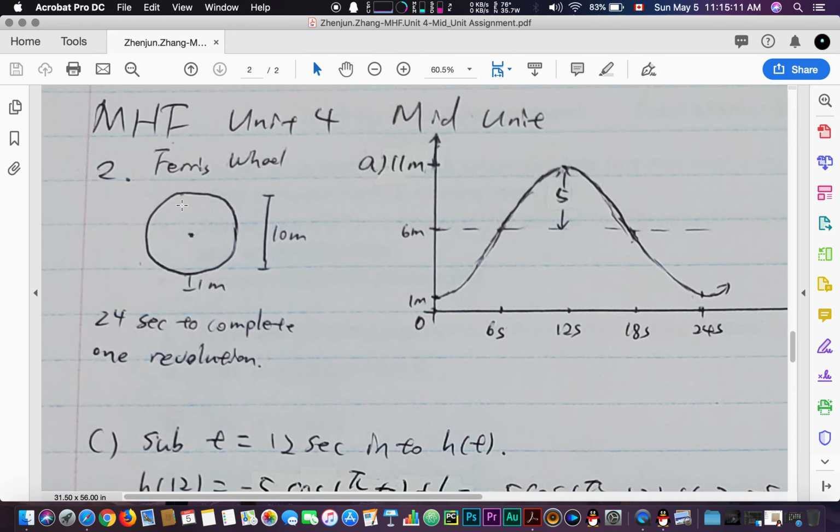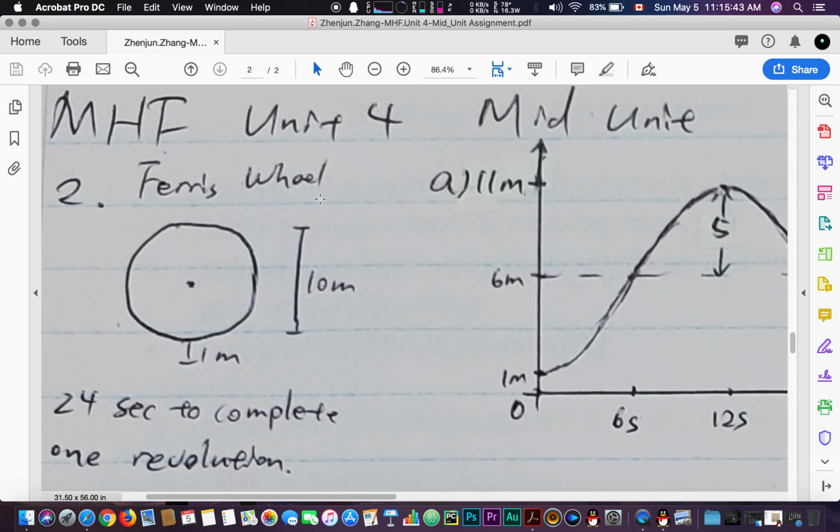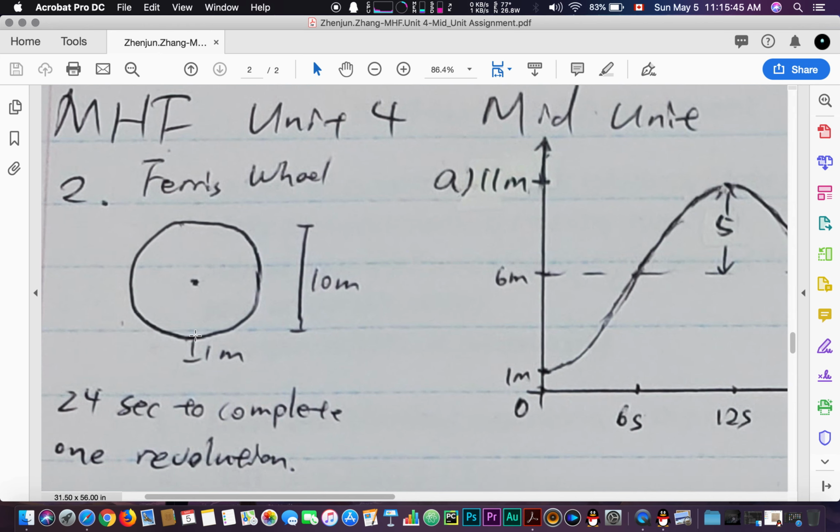For the first question, we need to sketch a graph to show how a rider's height above the ground varies with time as the Ferris wheel makes a rotation, assuming the person started the ride at the lowest point on the wheel. So we start the wheel here and go one revolution.